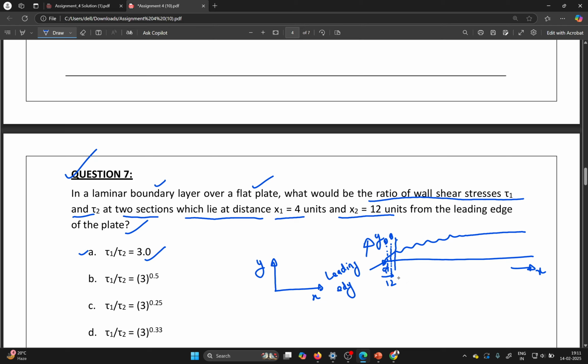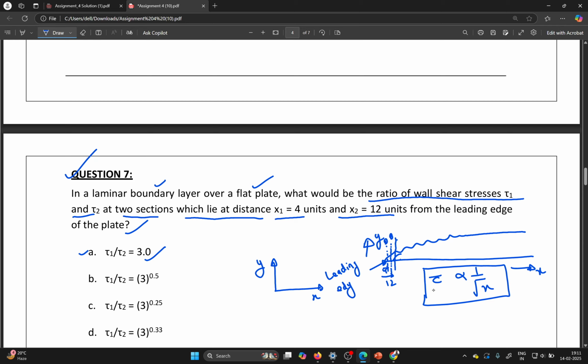Now you need to calculate the ratio of the wall shear stress, that is the shear stress at the wall in laminar flow. Your tau is directly proportional to 1 by root of the distance. This you need to remember always.